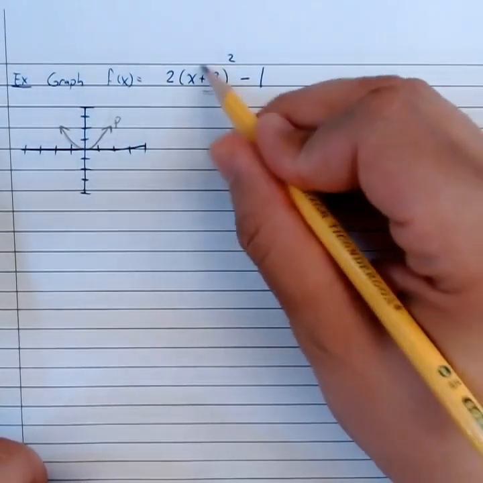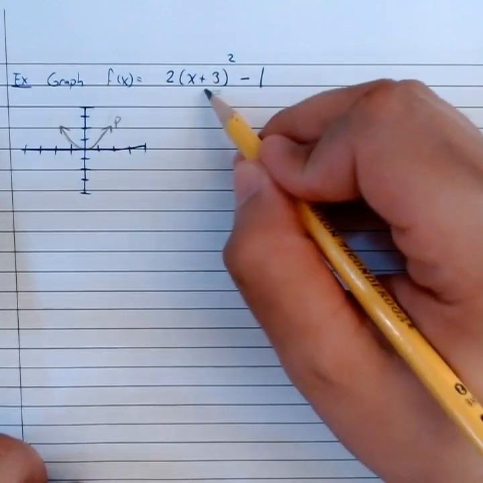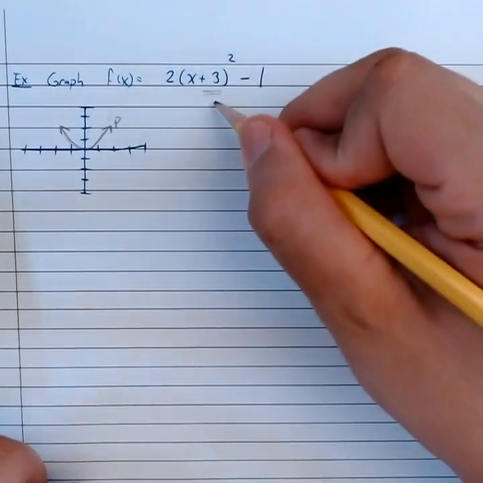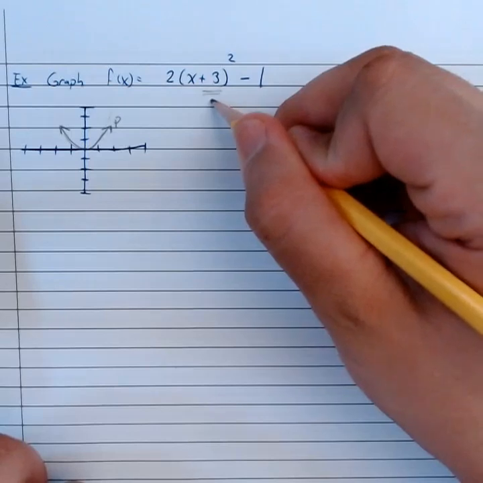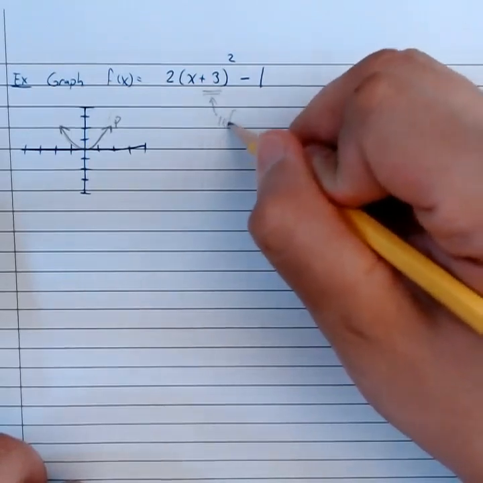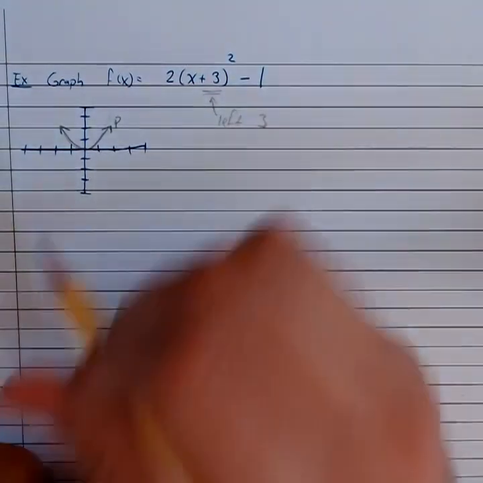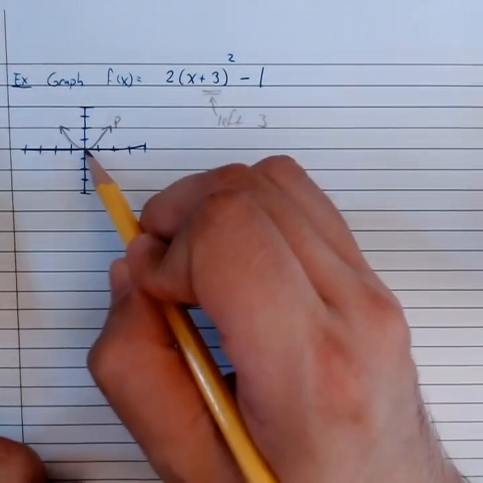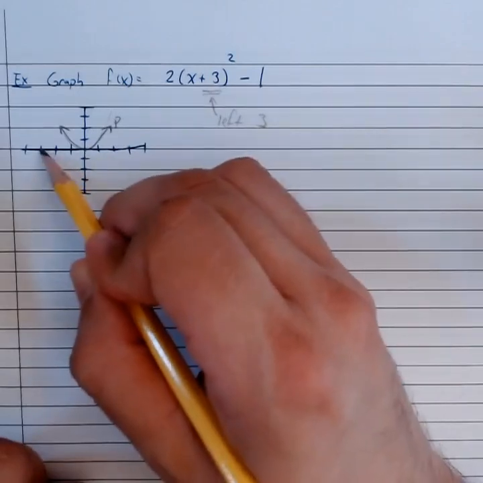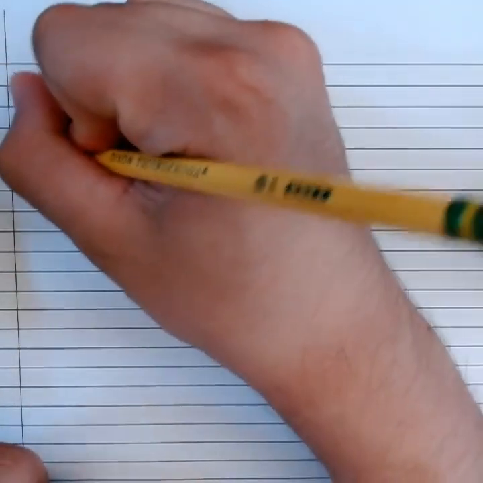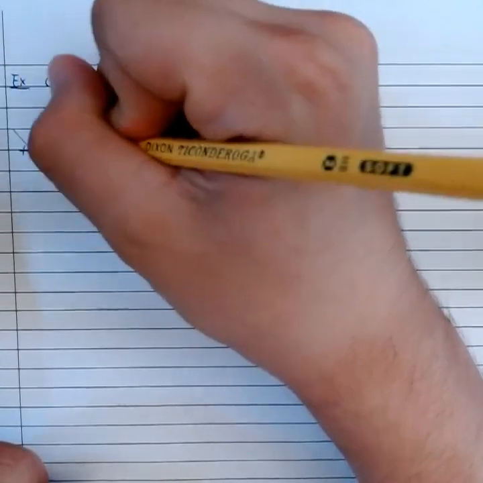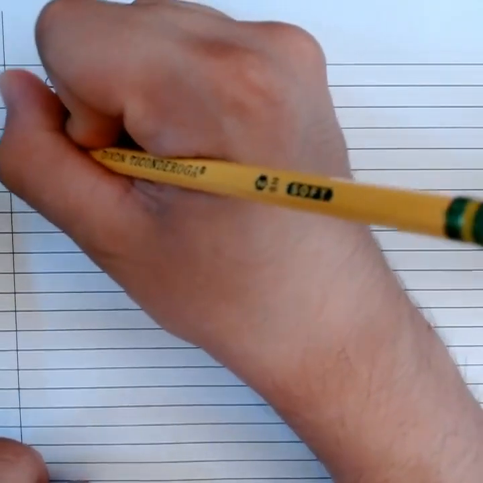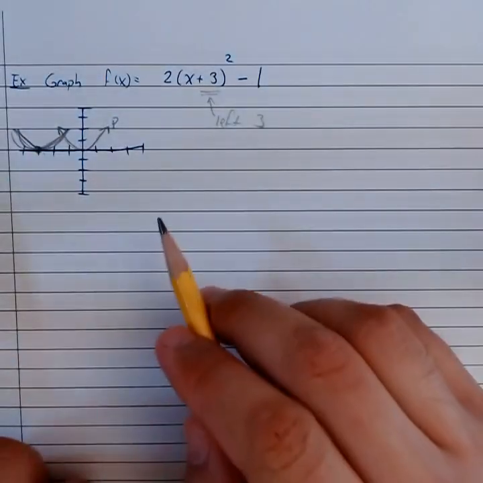Adding 3 to the argument of a function is going to move it to the left that many steps. So this is going to be our first operation. We're going to move everything to the left by 3 steps. So this is going to go 1, 2, 3. So now instead of having this at 0, 0, now it's at negative 3, 0. I still have the same parabola, the same size and shape. It's just slid over a bit. Something like that.